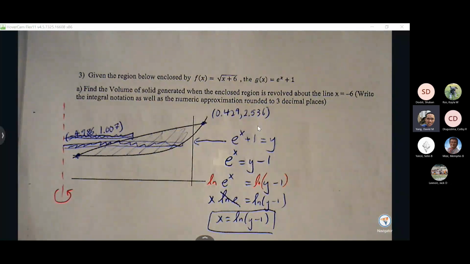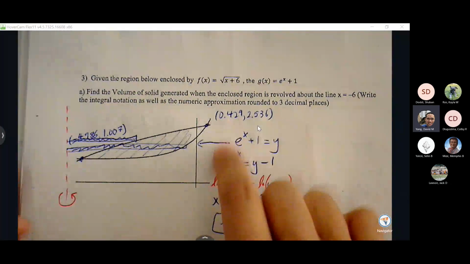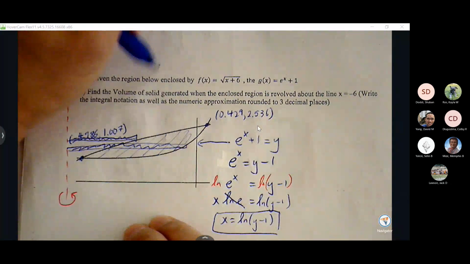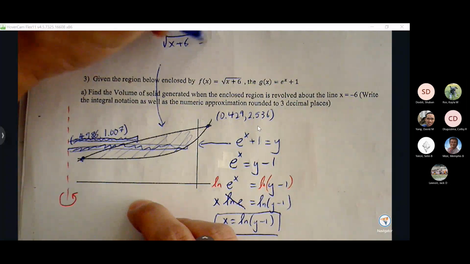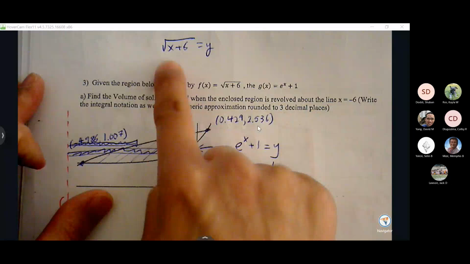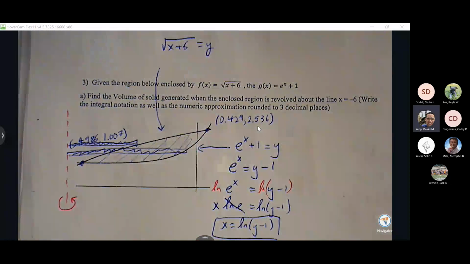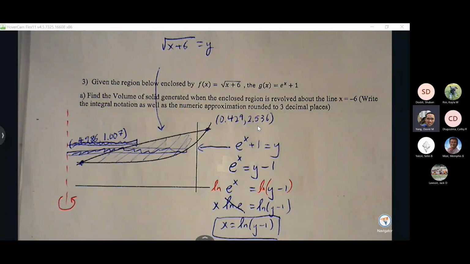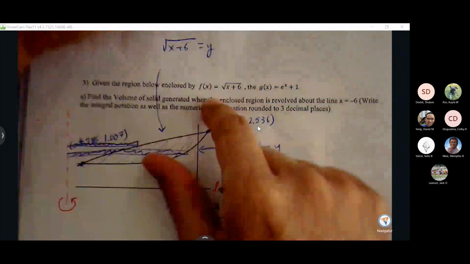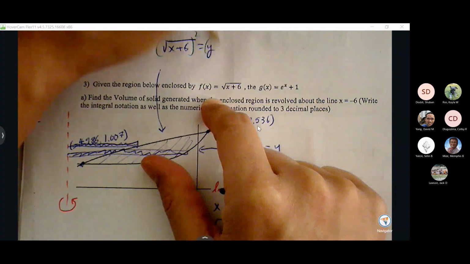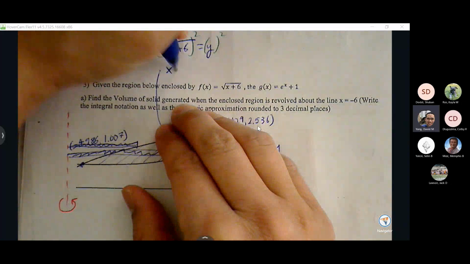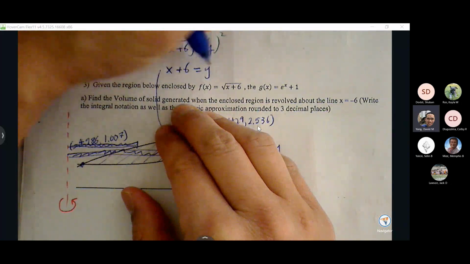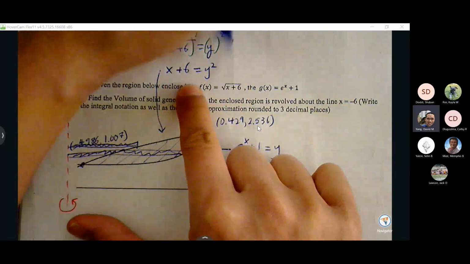Next I have y equals square root of x plus 6. If I want to solve for x, I can square both sides first. That will allow me to get inside that radical and then solve for x.